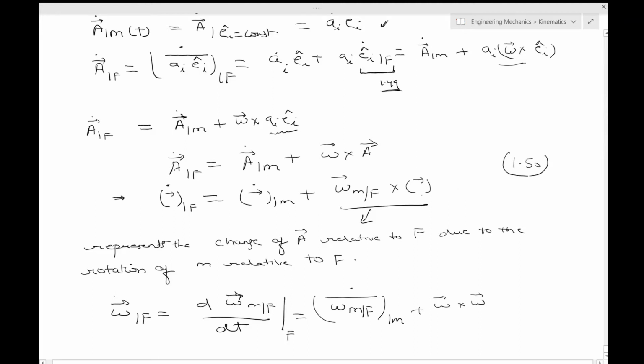Here you could have put any vector, so we are putting omega over there, and this is equal to omega dot with respect to M, because this cross term will clearly be 0. This is 1.51.